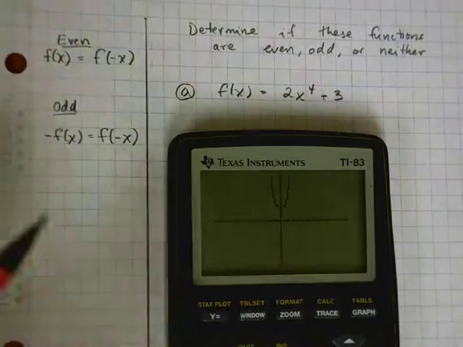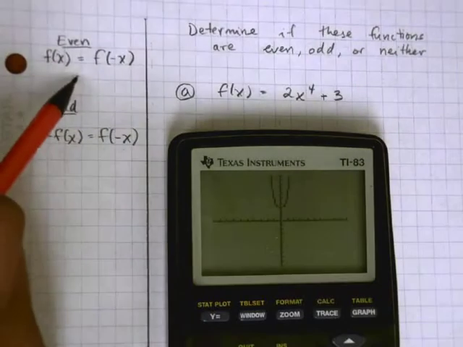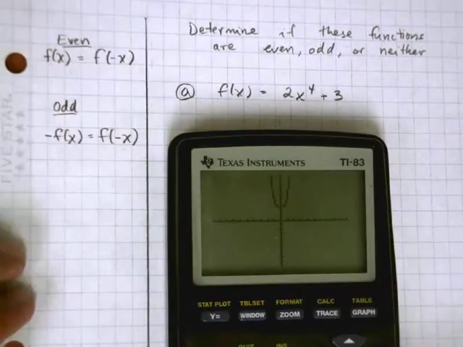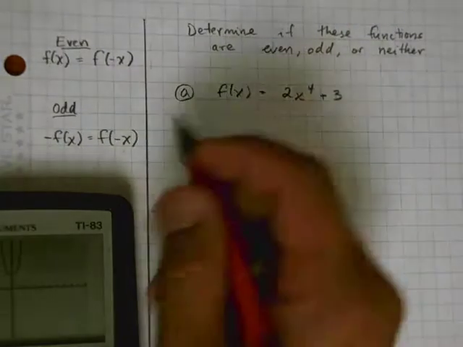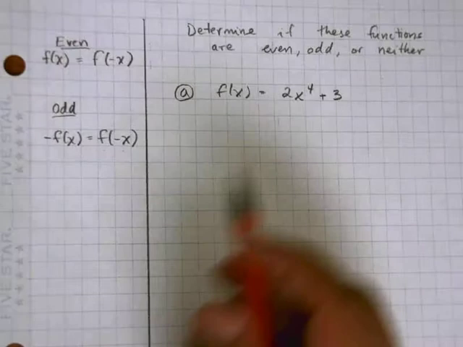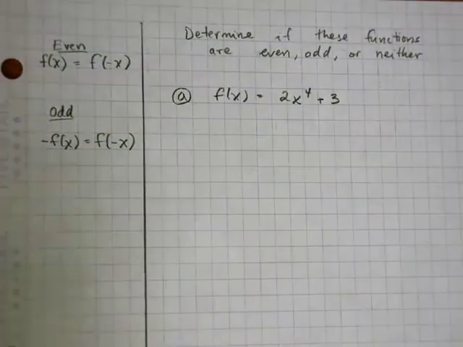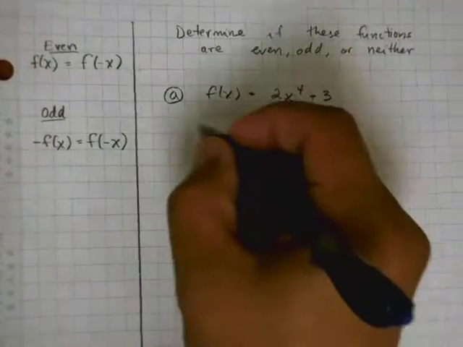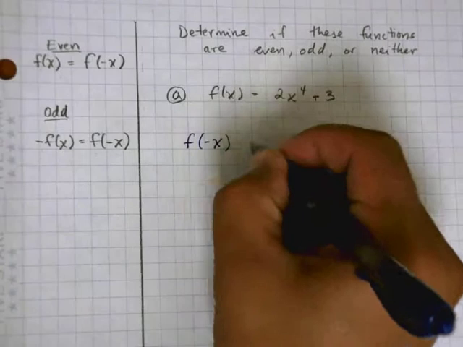Okay, because it looks like it's even, I'm going to start with it and try and see if it is even. So I have to find f of negative x and show that it's the same thing as f of x. And so I'm going to write it down here: f of negative x.